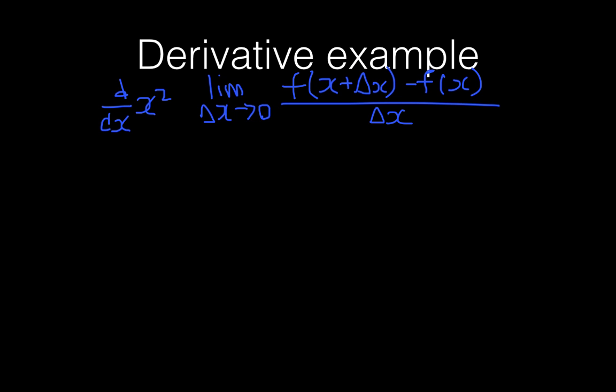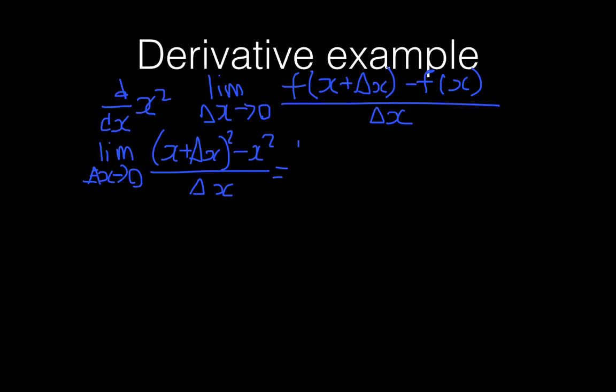We know that f of x equals x squared, so I'm going to go ahead and fill that in. That'll give us the limit as delta x approaches 0 of x plus delta x squared minus x squared over delta x. I'm now going to go ahead and expand this.